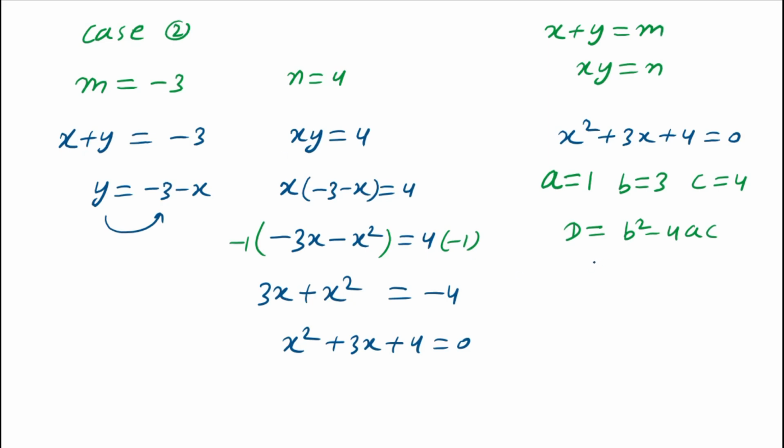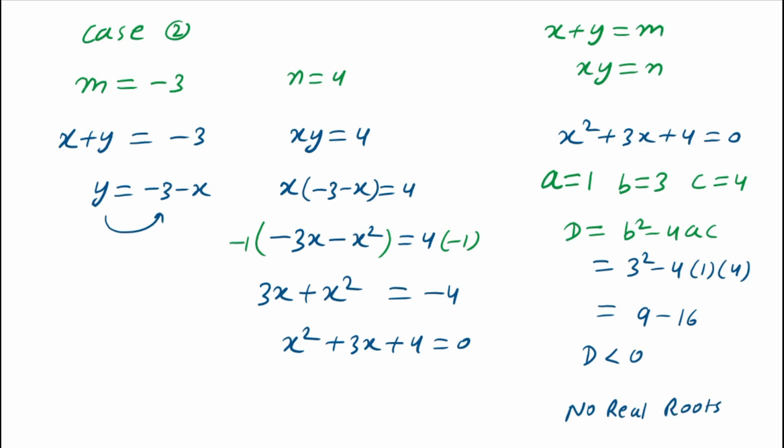Here the value of b is 3 square minus 4, and the value of a is 1 and the value of c is 4. Then 3 square is 9 minus 4 times 4 is 16. Here the discriminant of this quadratic is less than 0. So there are no real roots.